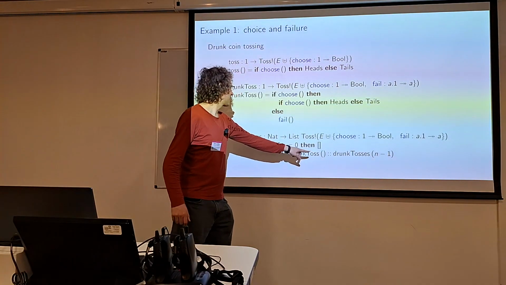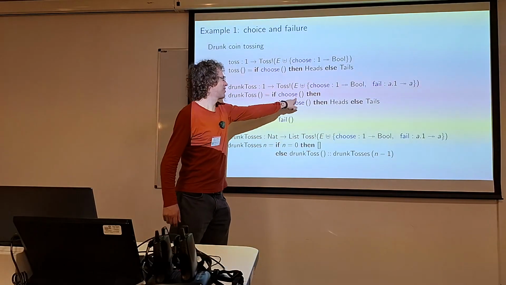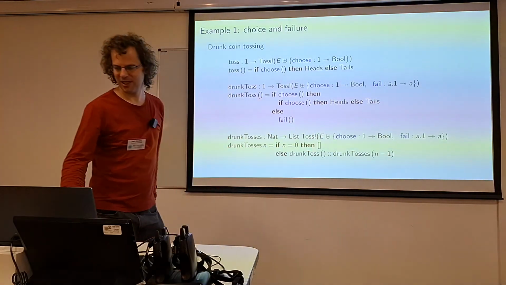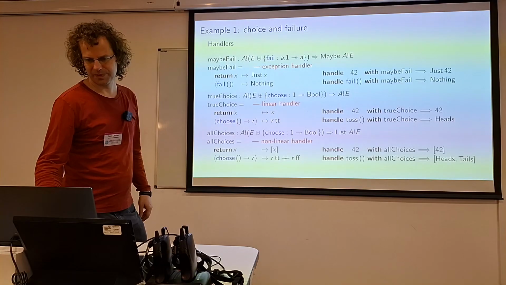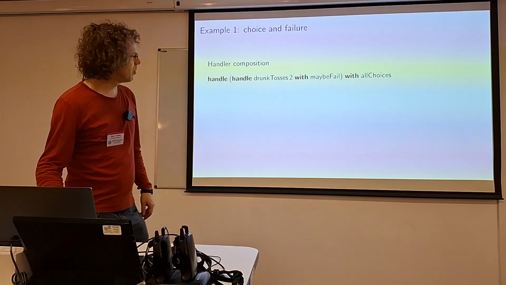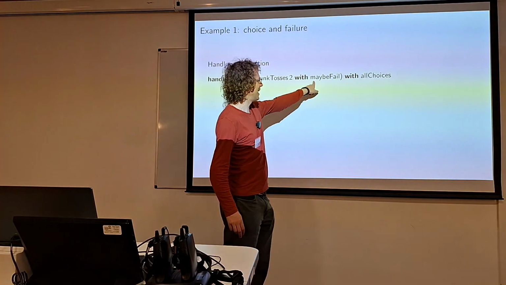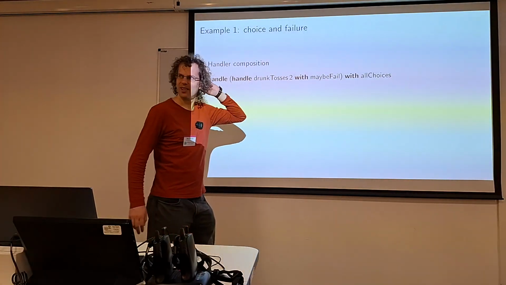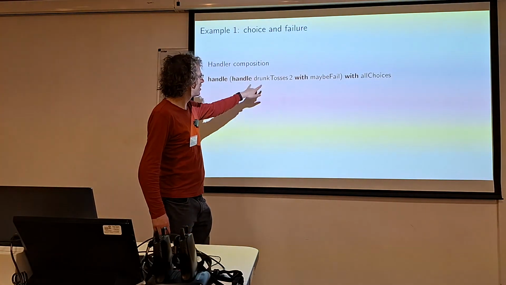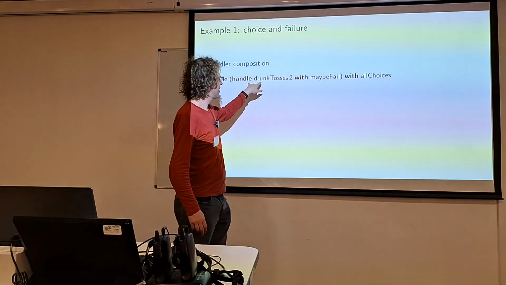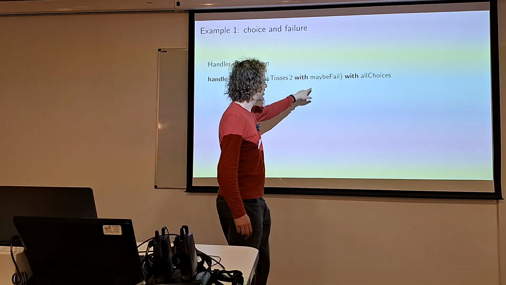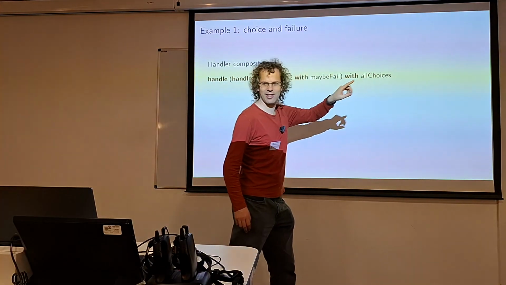So drunk toss is going to run this thing, and then the first thing it's going to do is a choose. But the handler we have here is maybe fail, which doesn't handle choose, which means that actually it's going to bubble all the way out to this handler.